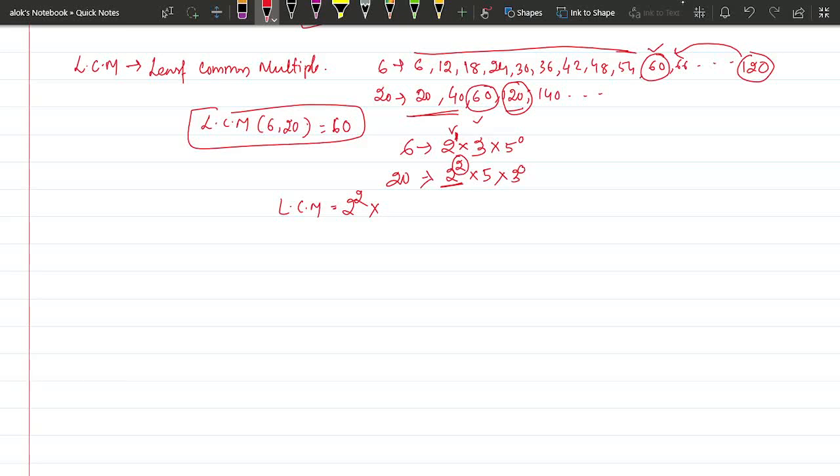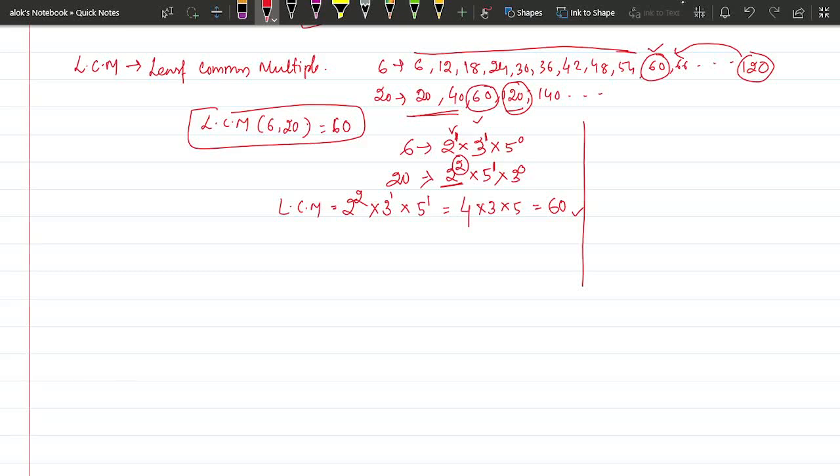So here 3 to the power 1, here 5 to the power 1. We'll take the highest power: either 0 or 1, so we take 3 to the power 1, and 5 is 0 here and 1 here, so we take 5 to the power 1. Multiplying, we get 4, 3 and 5, which is 60. So in this way you can find the LCM of 6 and 20.